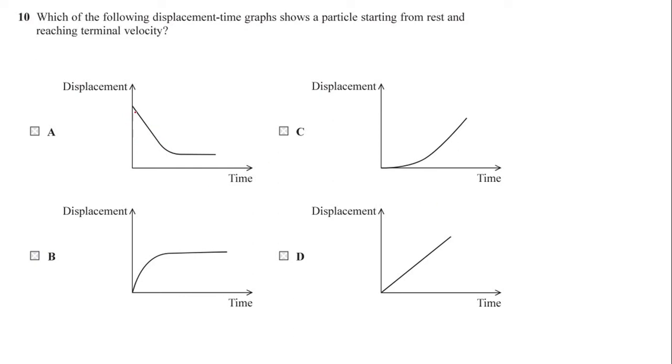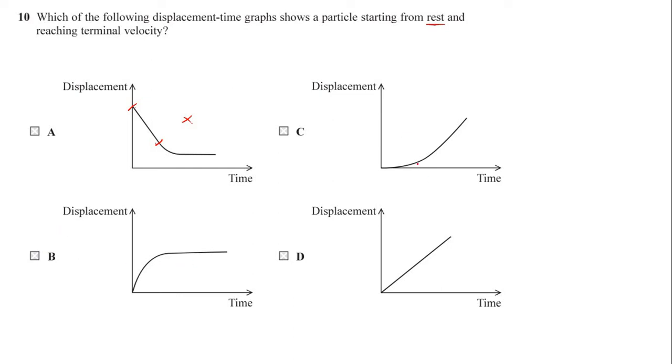This is a straight line, the gradient is constant, that means moving with constant speed, and then decreasing speed, and then moving with constant velocity. So initially starting from rest, it should have zero acceleration.